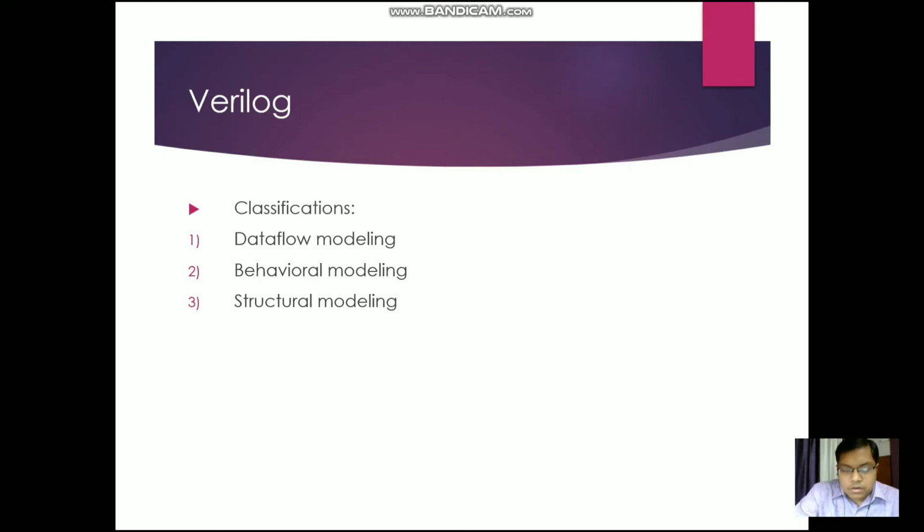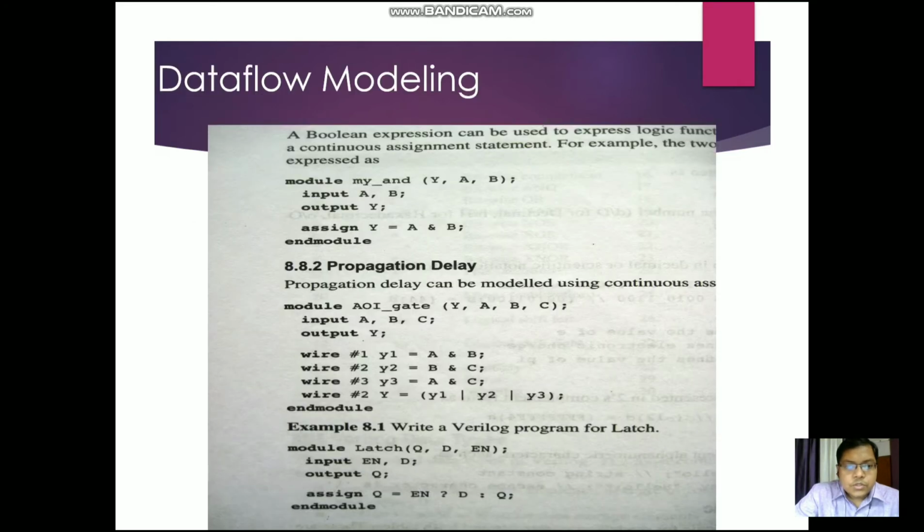Let me go with the data flow modeling, and I am keeping it very simple because this will help the beginners. I have taken a snapshot of one very basic book of VLSI design, where we can see that data flow modeling mainly works with the input and output.